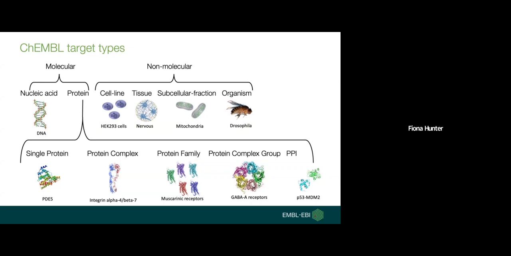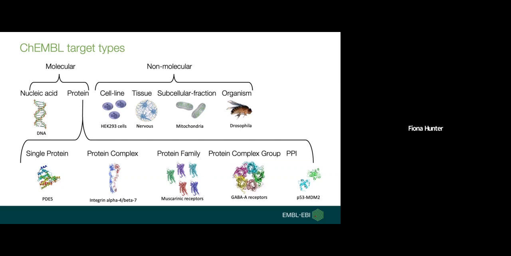So in this case, we would register a protein complex as the target within that assay. But equally, particularly in some of the older journal articles, we don't necessarily know which protein within a group has been measured. For example, if you have a protein family and all the paper says is that it binds to a muscarinic receptor, then we would annotate a muscarinic receptor protein family as the target within ChEMBL.